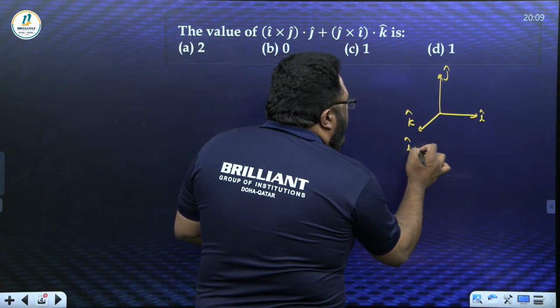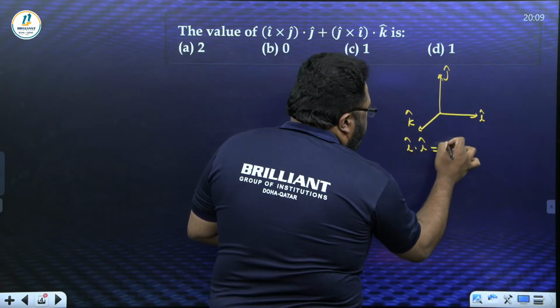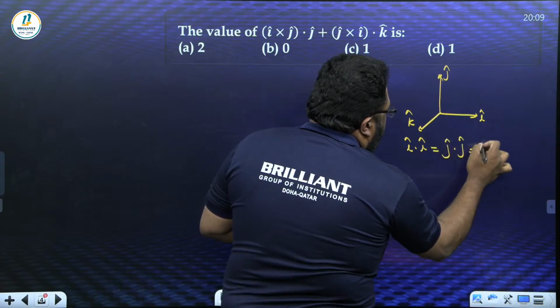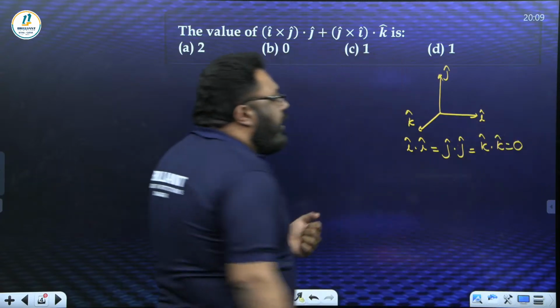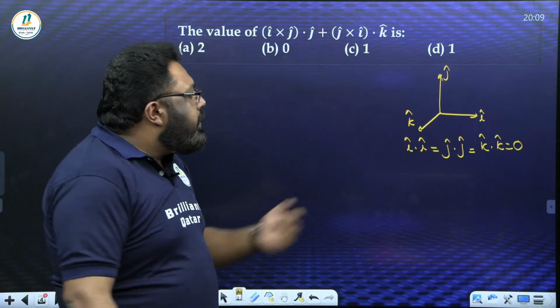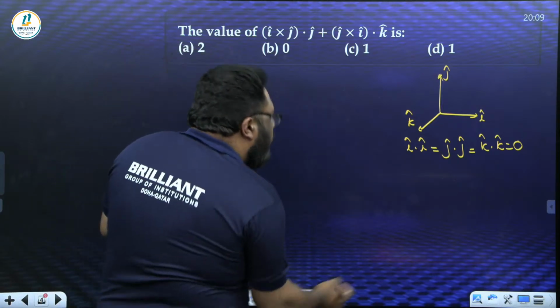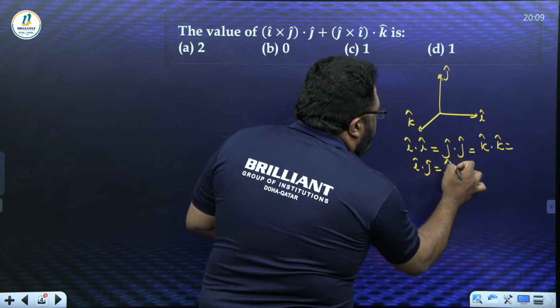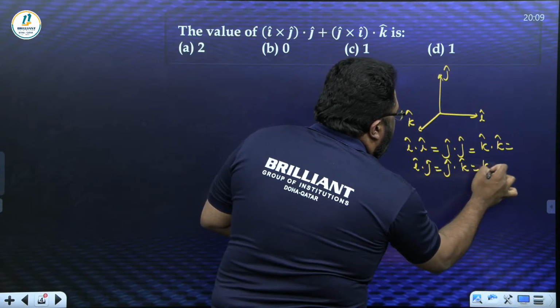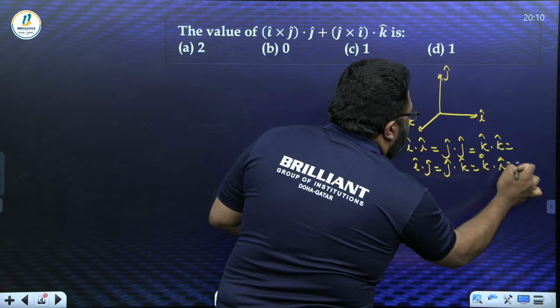Remember their dot products. Because they are perpendicular to each other, the dot products of different vectors is going to be 0.